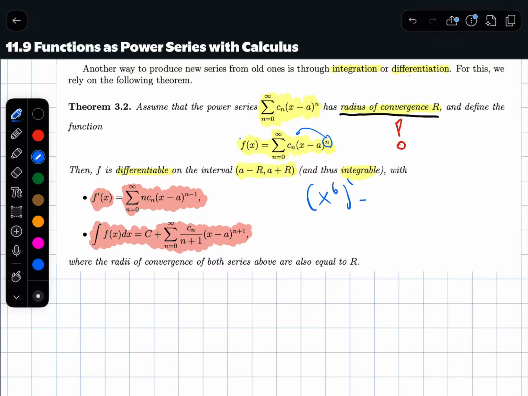That's just 6x to the power 5. The 6 being the n comes down, and then the new power is 1 less. And if you want to take the integral of x to the power 6, you add 1 to the power, that's x to the power 7, but then you have to divide by 7 and add a plus c like you see over there.